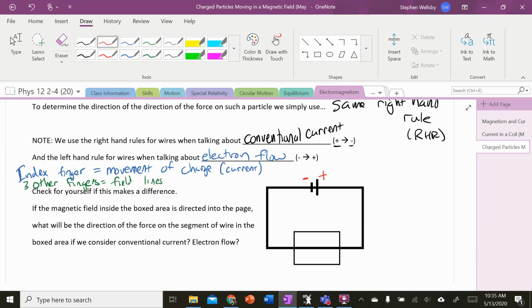Last but not least, your thumb shows the direction of the force on a charged particle.